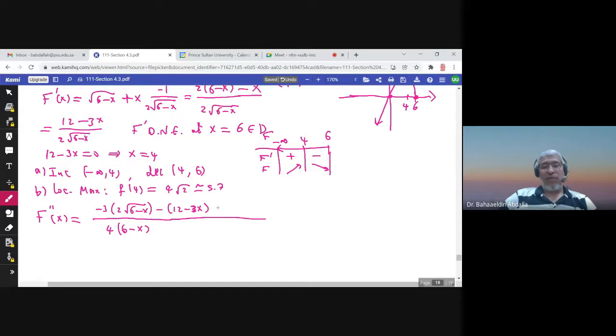So the derivative of 2 square root of is 2 over 2 square root of 6 minus x, and the 2 will be cancelled with the 2, times negative 1, because of the derivative of 6 minus x.